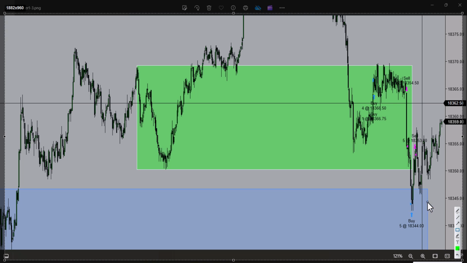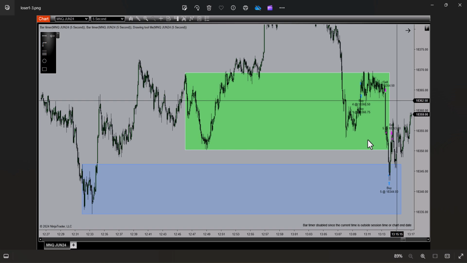So I was buying from an unmitigated zone, and I was targeting an unmitigated zone above us right here. So this trade was textbook, right? And it was part of my plan.